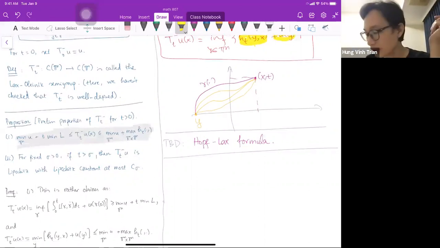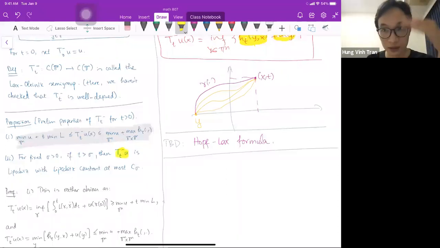I think we mentioned it a little bit last time: even though you start with u, which is the initial data, only a continuous function, this semigroup has a regularizing property. What it does is that if you go up just a little bit in time, it automatically makes your function better.